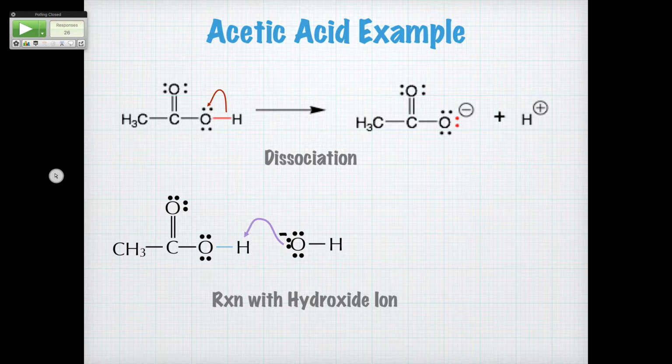So, that hydroxide ion, one of those pairs of electrons reaches out and picks off the H+. And then what happens to the electrons in the blue bond? This is blue, Taylor. In the OH bond, that's blue. They go to the O. Okay?